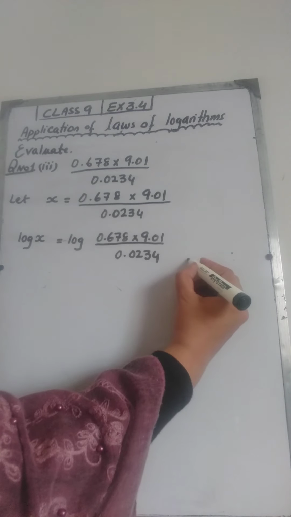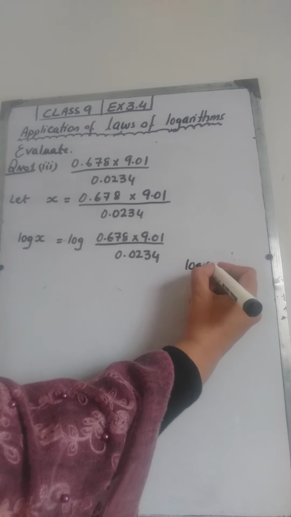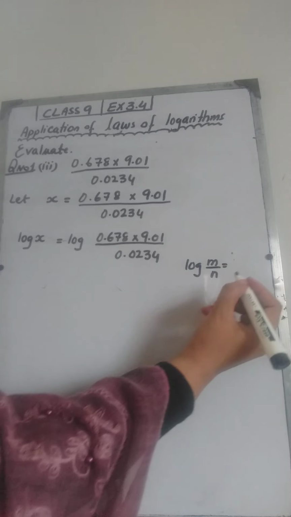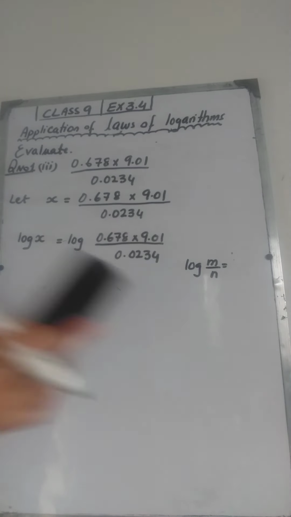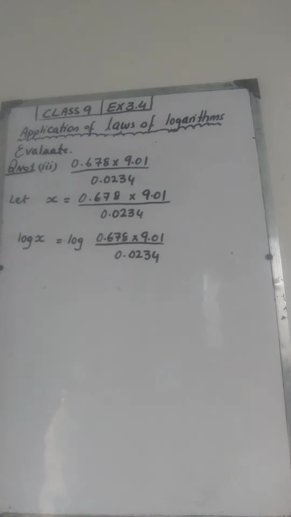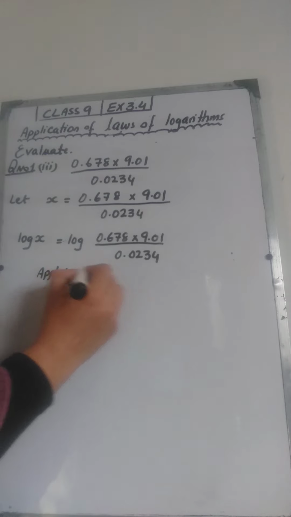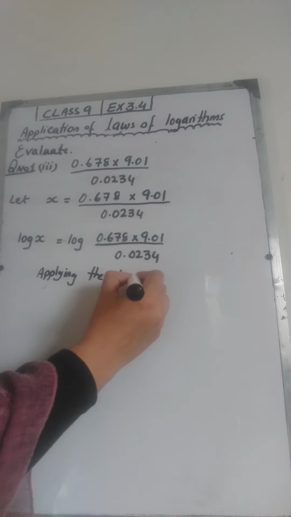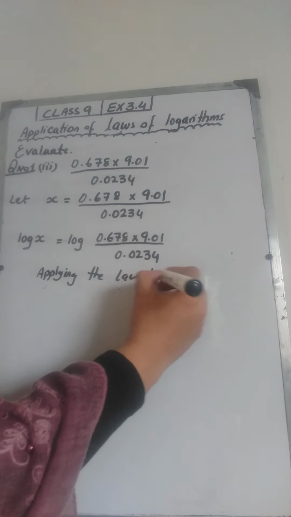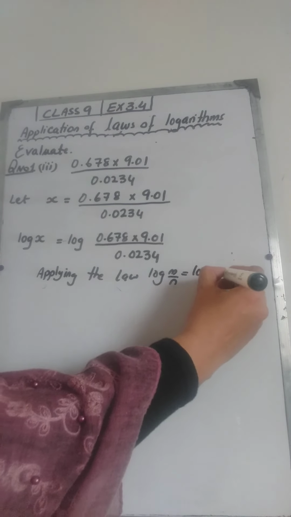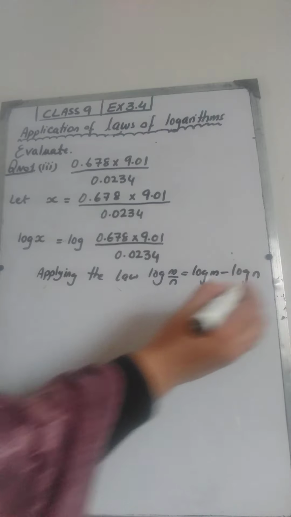What was it? The quotient law was log of m over n is equal to, let me write it here. Applying the law, log of m over n is equal to log of m minus log of n.